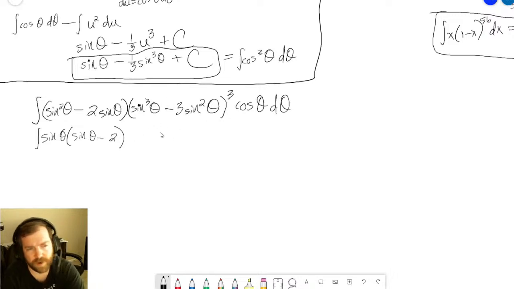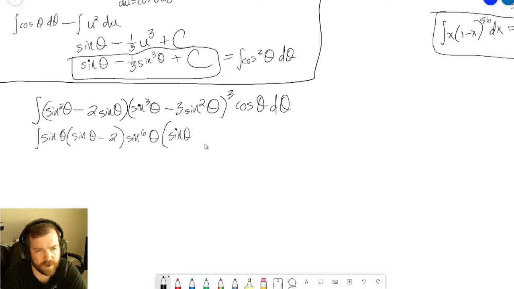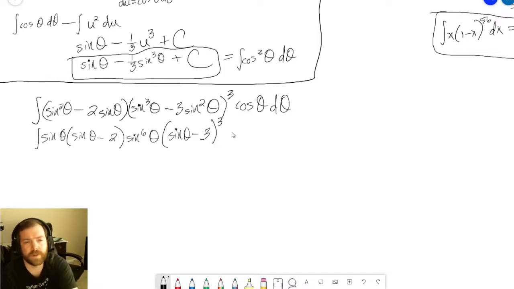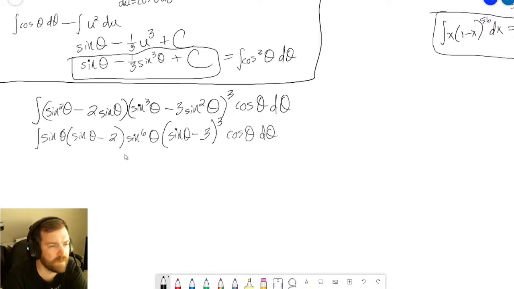So sine squared cubed is going to be sine to the 6th of theta times the quantity. Here we just have one sine of theta left over, and then we have 3. That's it, just 3, cubed. And again, cosine theta d theta.